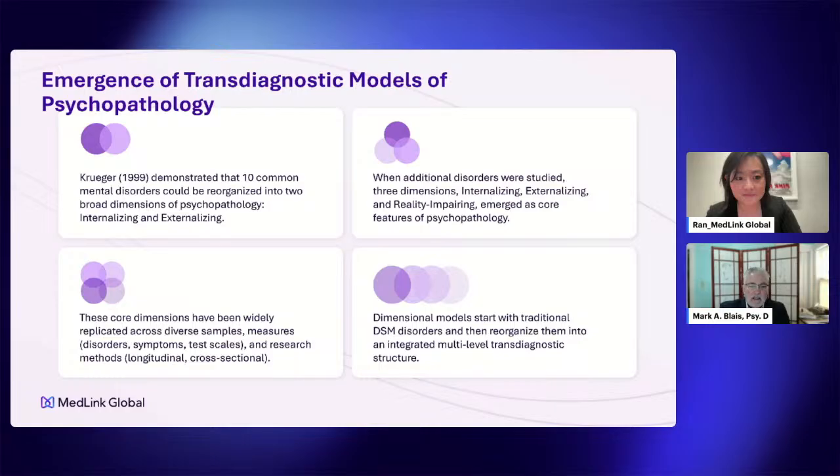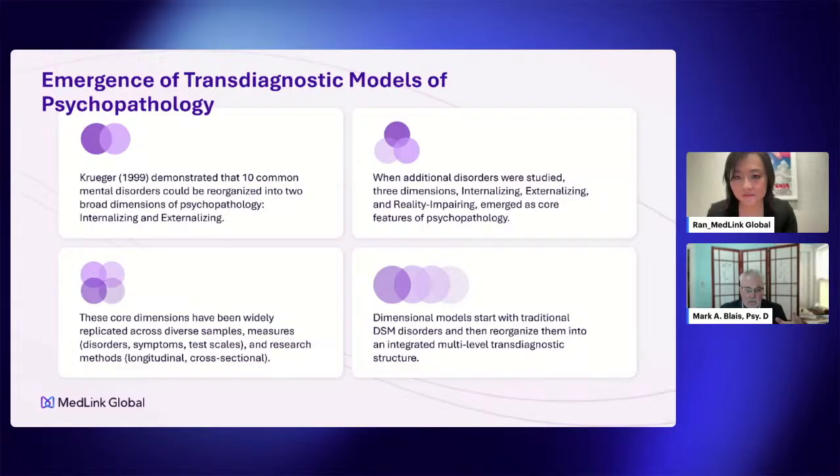With this research developing, new perspectives began to emerge. And for me, the seminal paper was by Bob Krueger in 1999, which demonstrated that 10 of the common psychiatric disorders could be reorganized into 2 broad dimensions of psychopathology: internalizing and externalizing.